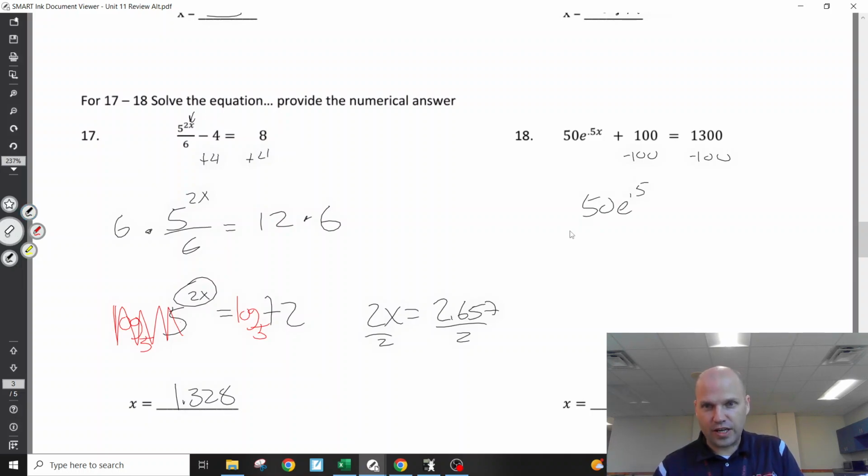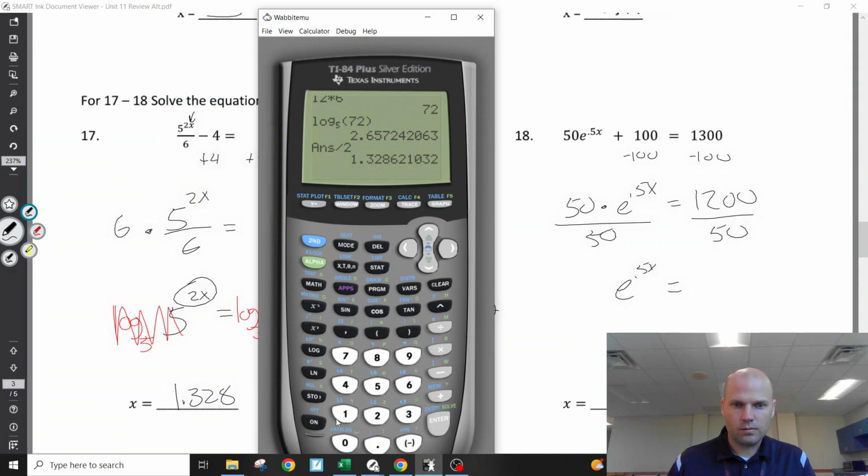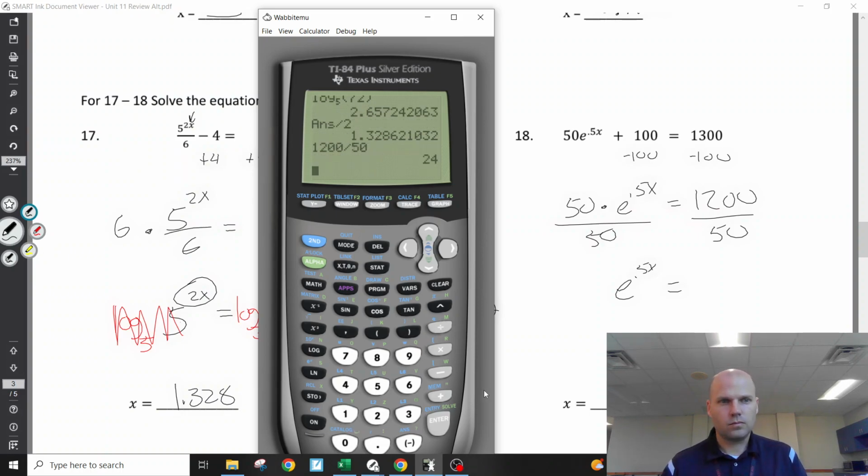Make sure you understand that it's not 50e to the 0.5x, it's 50 times e to the 0.5x equals 1200. Get rid of the 50 first by dividing. 24.